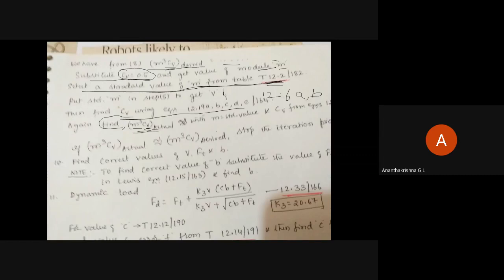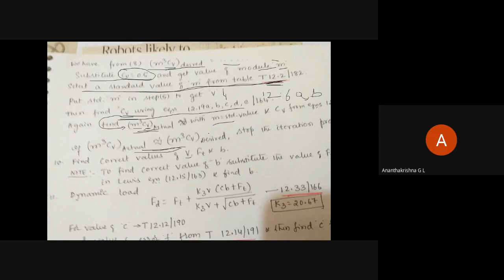So this m cube CV actual must be slightly greater than m cube CV desired. If that happens, adopt that standard value of module and that value of CV and that value of velocity.